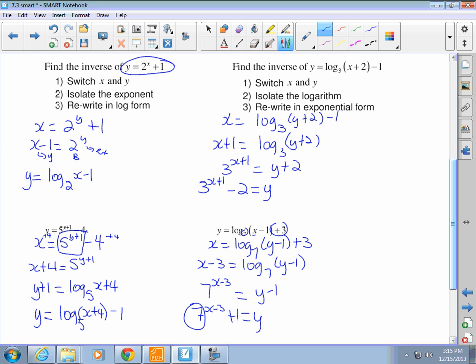My plus 2 here became a minus 2. My plus 3 here became an x minus 3. My minus 1 became a plus 1. So it's just switching the signs and taking whatever is being added or subtracted as part of the exponent, and the part that was within the bracket is outside.